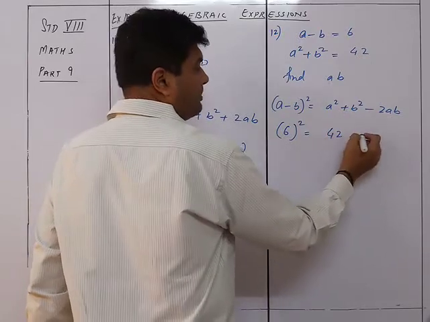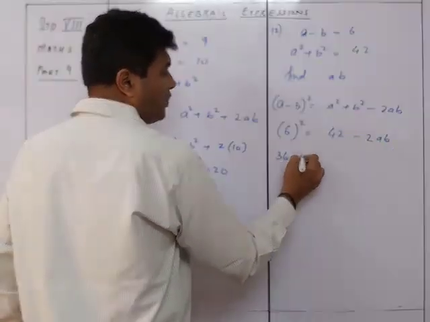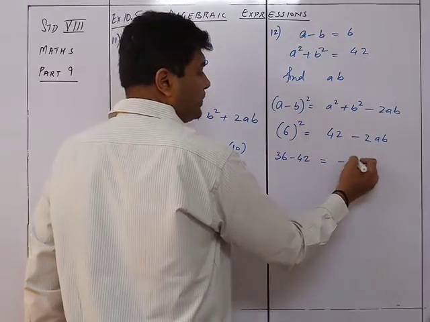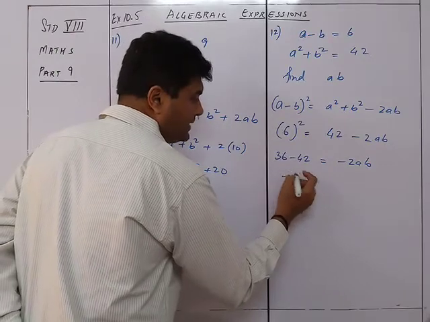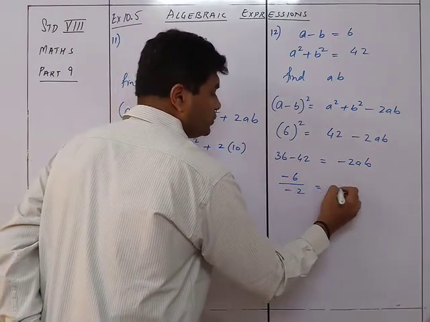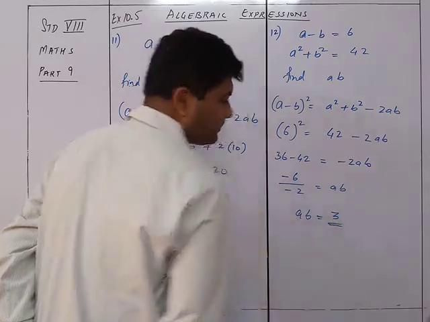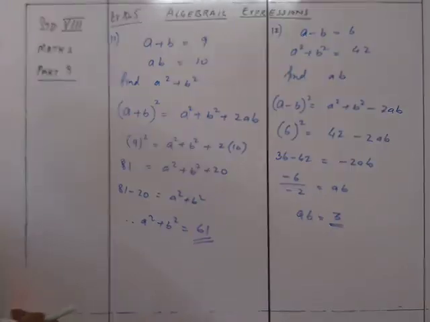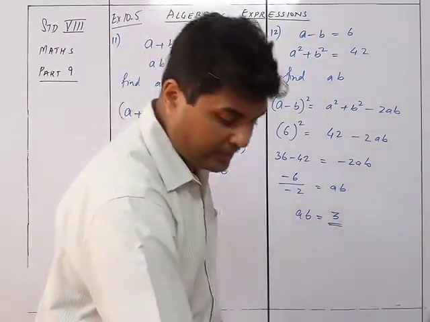So this is 36 minus 42 is equal to minus 2ab. So this gives minus 6 upon minus 2 is equal to ab. So ab is equal to 3. Clear? Simple sum. That was sum number 12.